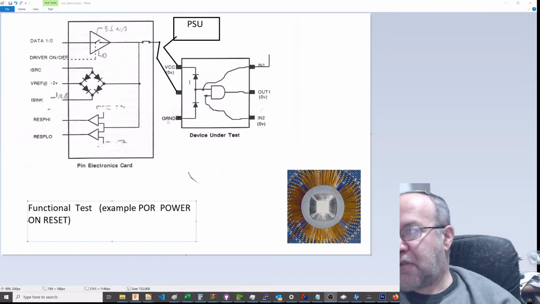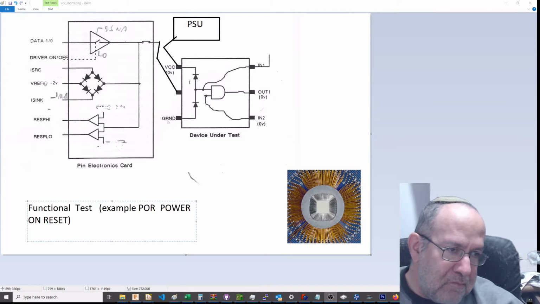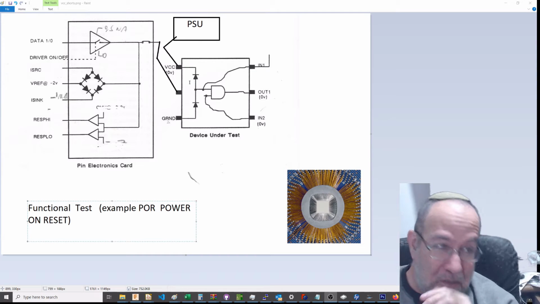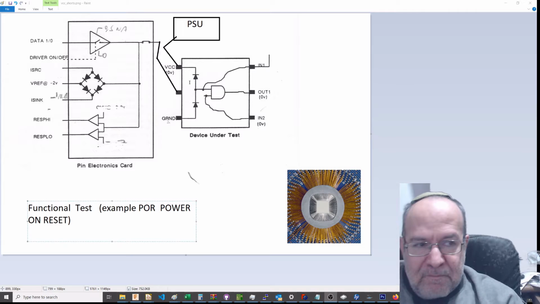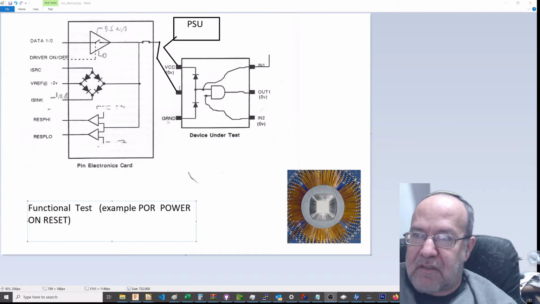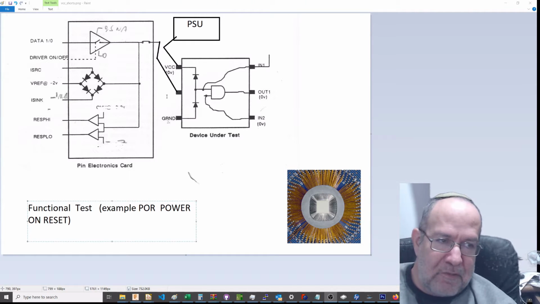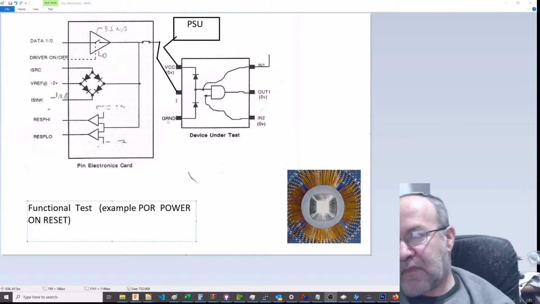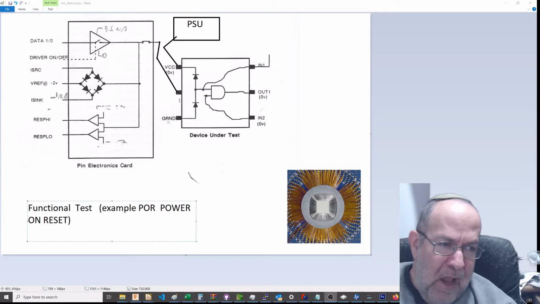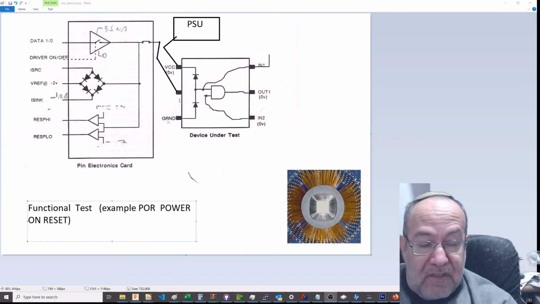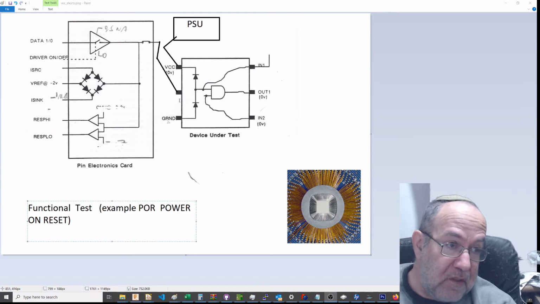Okay, so what are we going to talk about? Our example, I've taken this as the simplest example of a functional test, is we are going to give it 15 clock cycles, know the current, and expect after the 16th clock cycle the current to go up as the device comes out of reset state.